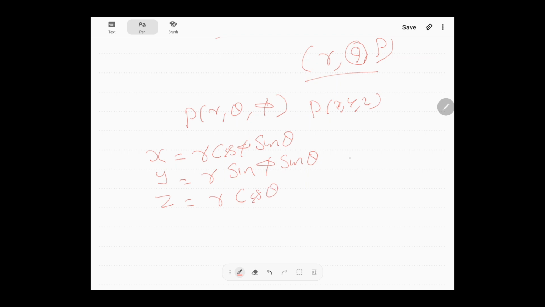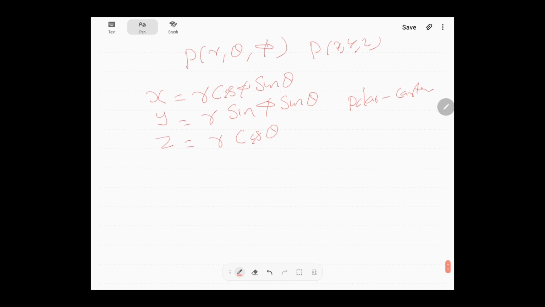This is polar to Cartesian. So once polar are given, you can find out the Cartesian coordinates. Reverse. So what is the reverse? That reverse in the sense from Cartesian to polar.